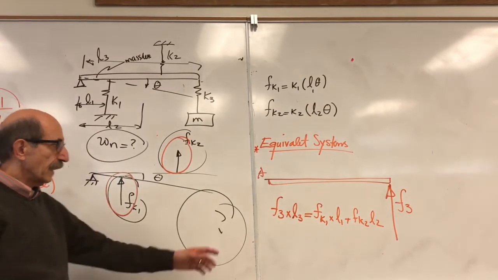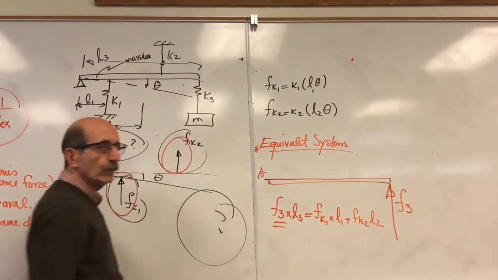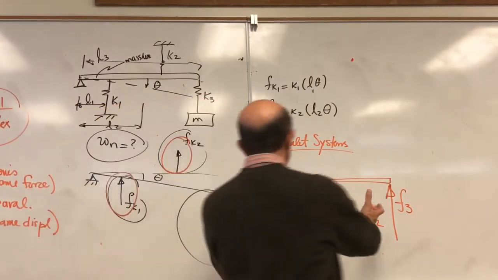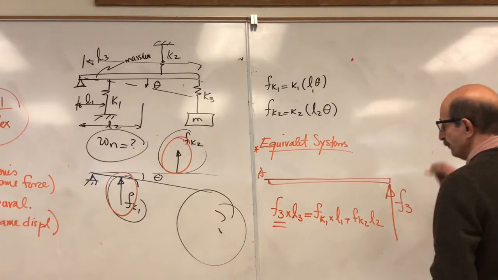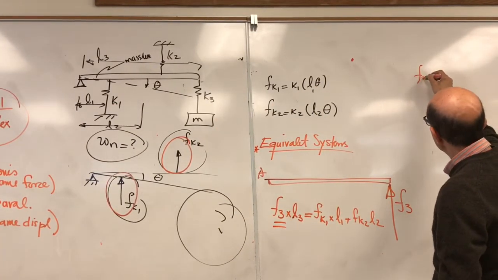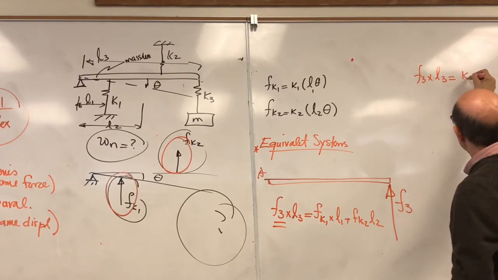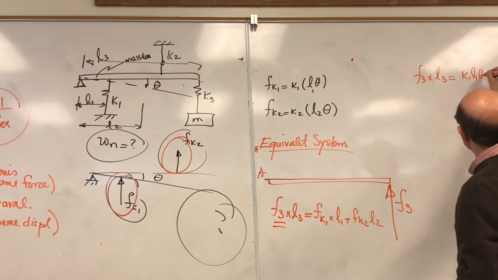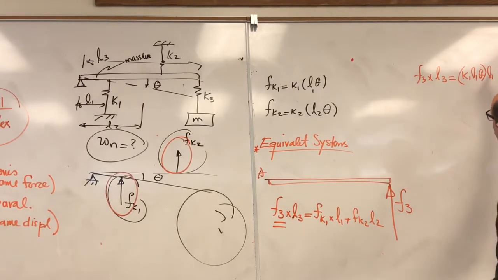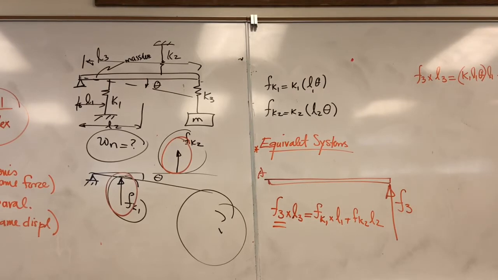That's where you find this unknown force that can replace all of these forces. So F3 times L3 is K1 L1 theta times L1, plus K2 L2 theta times L2, okay?